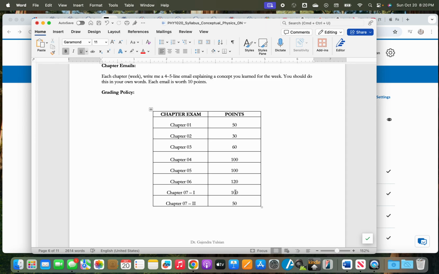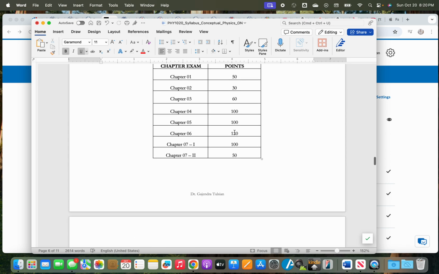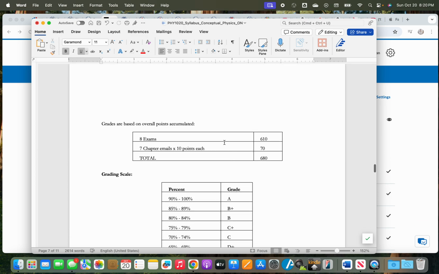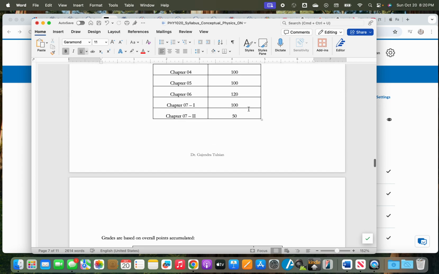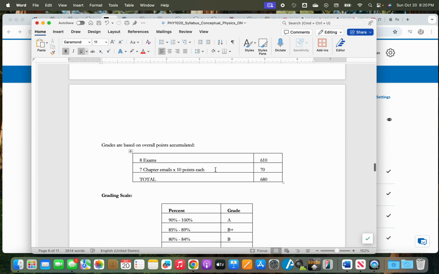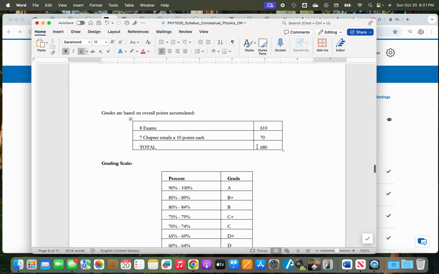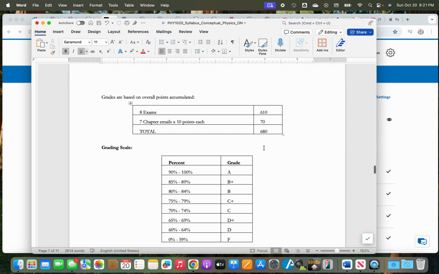The first part has 50 questions, or 100 points, and the second part has 25 questions. If you add all those up, the 8 exams that you'll take are worth 610 points, and then each of the 7 chapter emails is worth 10 points, so you earn 70 points from there. So you can potentially earn 680 points.